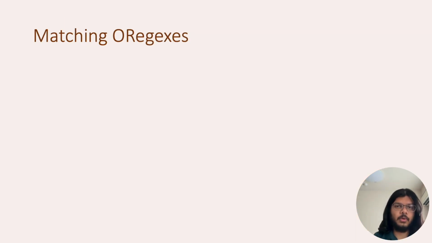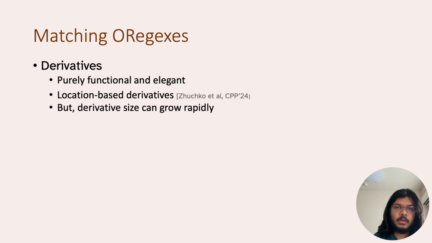As we discussed, the workhorse of our algorithm involves matching O regexes on O strings. Let us discuss the possible avenues for implementing and formally verifying an algorithm for this. One possible way to deal with this is to match using derivatives. This technique is purely functional and can be elegant.